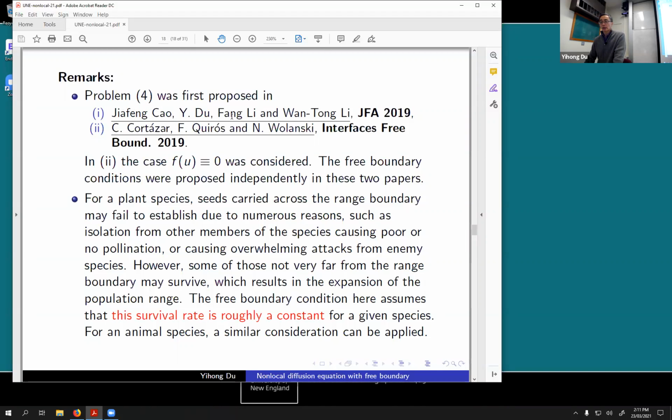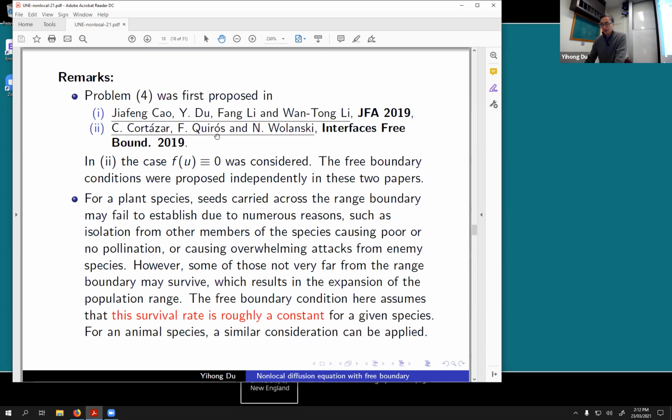She visited here a few times. And there's another paper published in the same year, but it's independent. We didn't know each other's work, though I know Fernando, and he visited here in 2015 for a month.